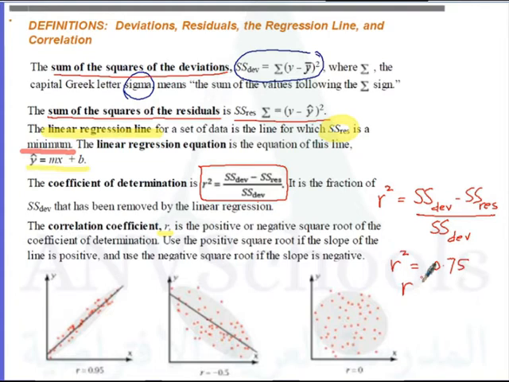Then I get the positive square root of that, and that's my correlation coefficient R. I will get the positive square root if the slope of the line is positive, meaning those that are increasing upwards, such as this. This is a positive slope. And this is a negative slope because it goes down, it is decreasing. So in that case, your R will be negative.